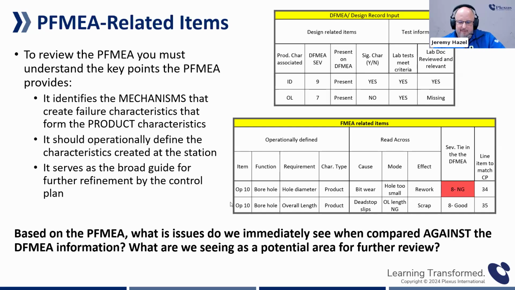The other thing that I like about this method is in doing the failure chain, I personally like to do cause, mode, effect because the bit wore, the hole was too small, which led to rework. Putting these three things side by side and going from cause to effect, in my mind, makes it very clear that they have a good failure chain.